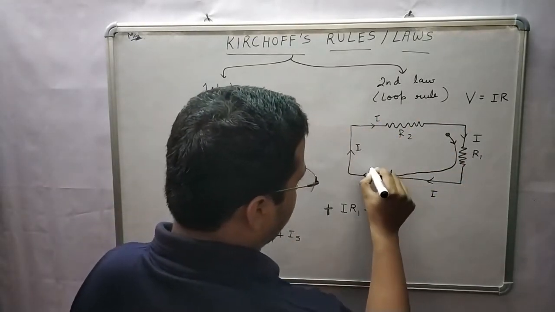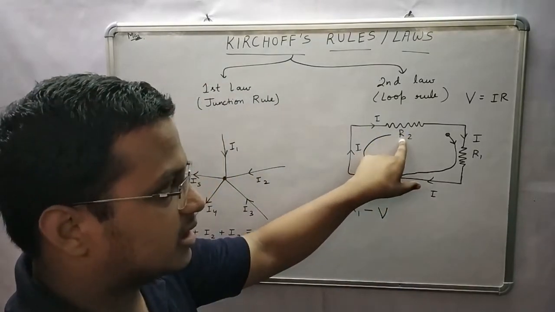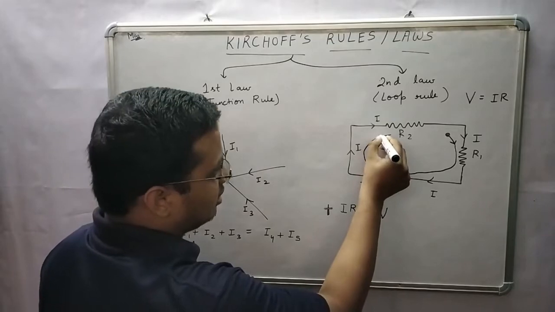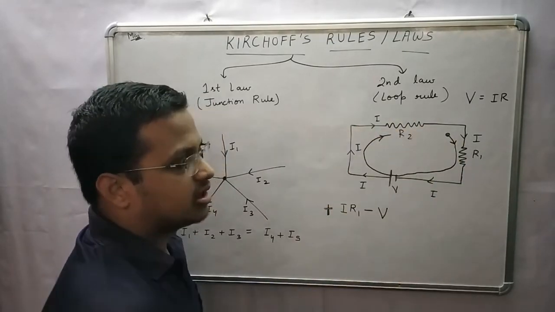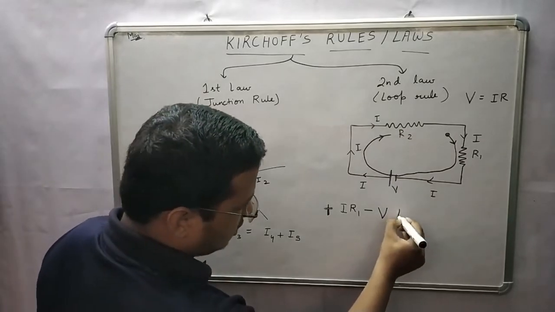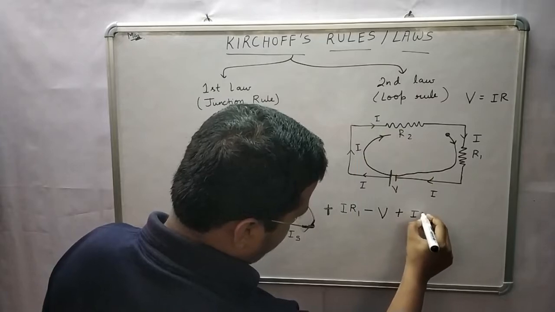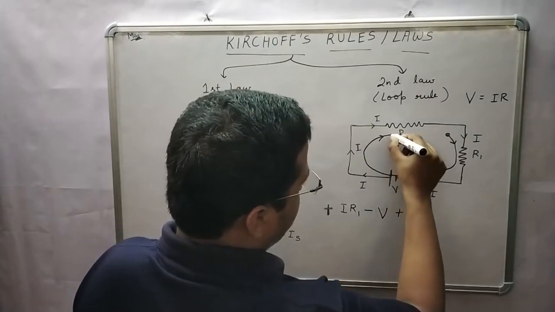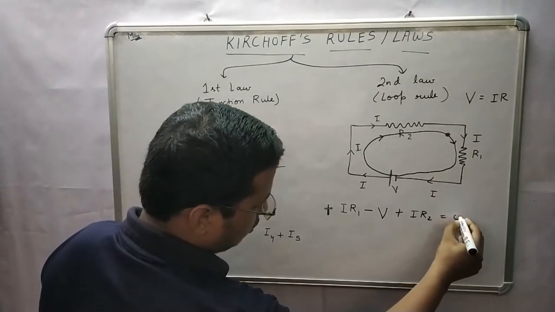After that we continue moving in the loop. The third encounter is resistance, and once again the direction of our movement and the direction of current are the same. So once again plus current into resistance, I into R2. After that we reach our initial point, so the sum is equal to 0.